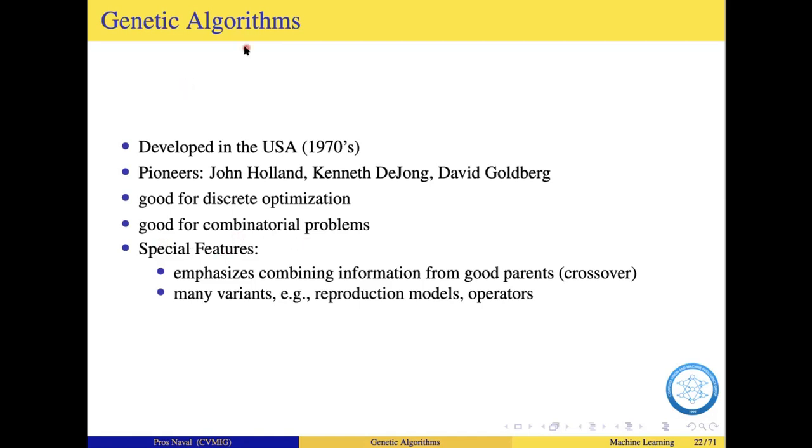The special feature of GA is that it emphasizes combining information from good parents through crossover. It also has many variants, many reproduction models, many operators, as we shall see in the next slides.